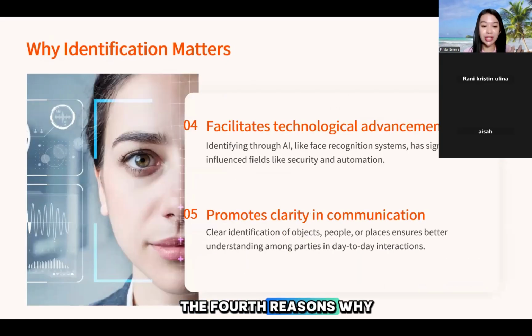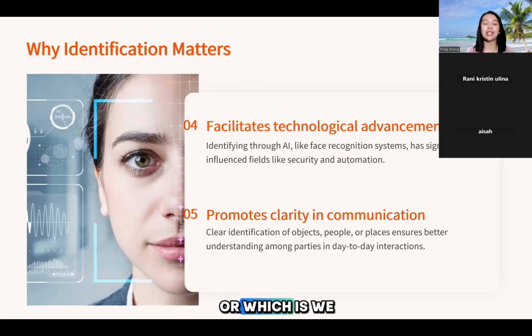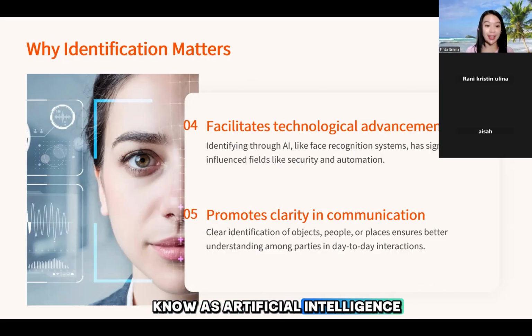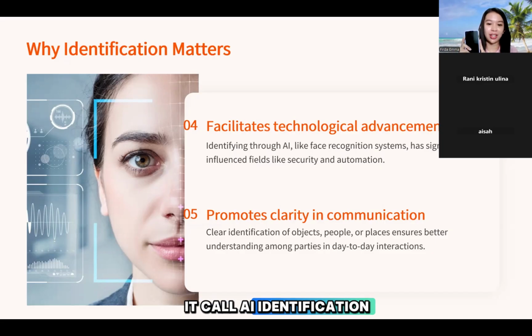The fourth reason why identification matters is because it facilitates technological advancements. By identifying ourselves through AI, which we know as artificial intelligence, like the face recognition system or the fingerprints we have on our phones, it's called AI identification.